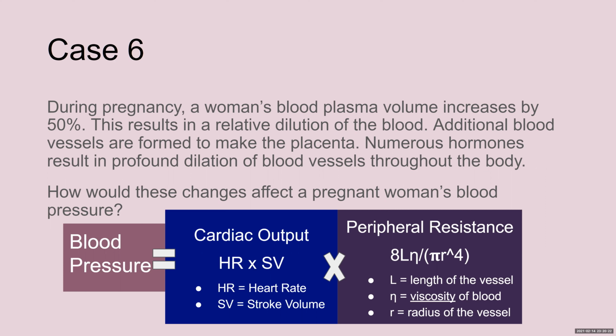In which direction? And numerous hormones result in profound dilation of blood vessels throughout the body. So what is the net change? How would these changes affect a pregnant woman's blood pressure? Take a couple of minutes, work it out, see if you can find the net effect.